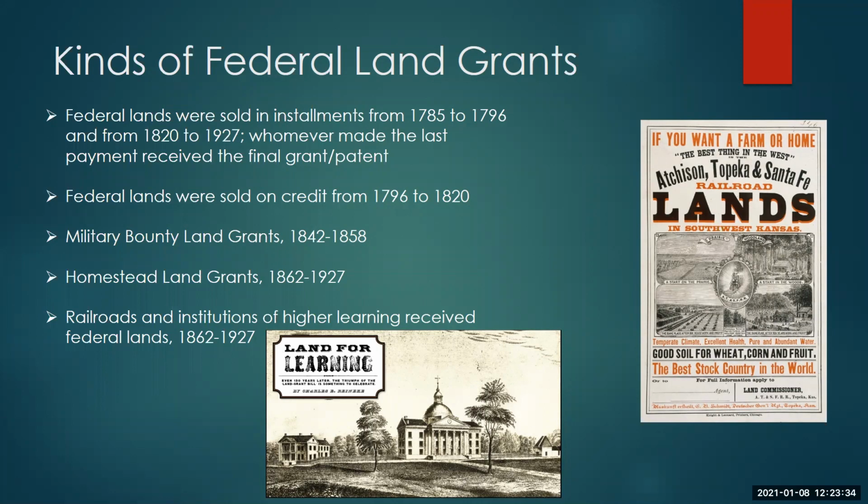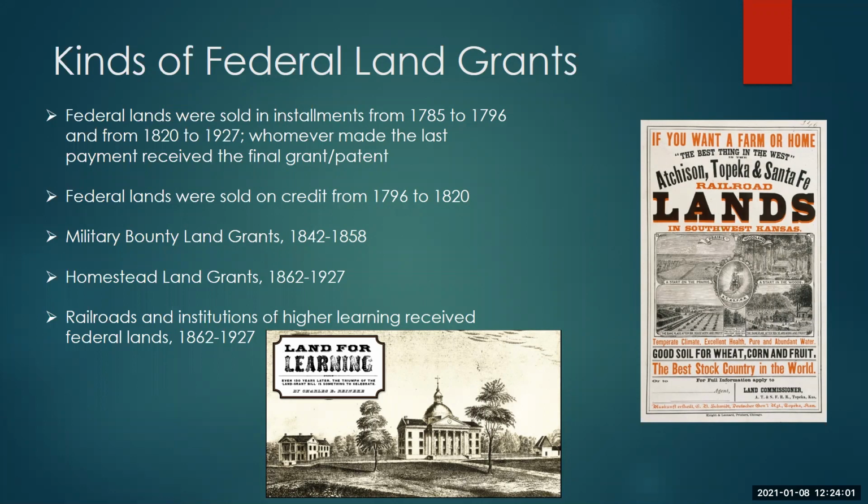You had 5 years to pay for the land, and you paid for the land in 5 annual installments. And when the 5th installment was paid, then you got the patent or land grant for the land. It doesn't matter who made the first 4 installments. It's whoever makes the last installment that actually gets the land grant, the patent, the whole 9 yards.